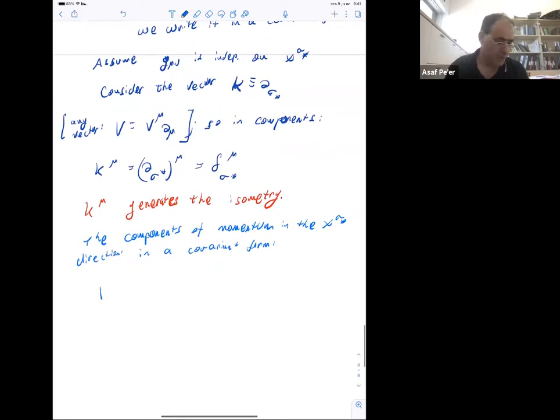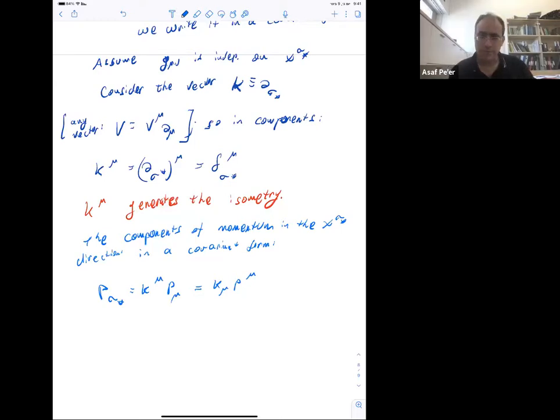Now I can simply write it as P sigma star is just going to be K mu P mu. Simply adding up these delta functions, I have zeros everywhere. But now I wrote it in a covariant form, so I can change coordinates and it's not going to affect it. Okay. Now, this momentum is conserved along the path, right?